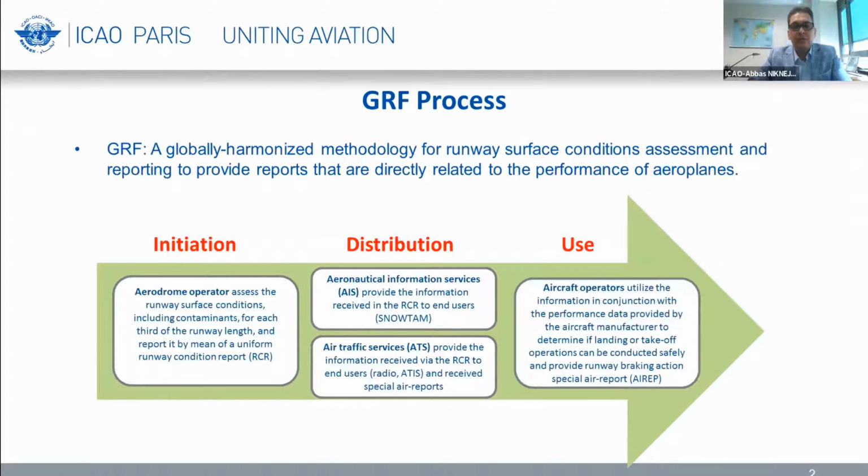And at the usage or utilization step, airport operators, pilots, and dispatchers would get the information and would assess its impact on airplane performance to decide whether they can safely operate, land, or take off on a specific runway reported through RCR. So the focus of this presentation would be on the distribution stage.